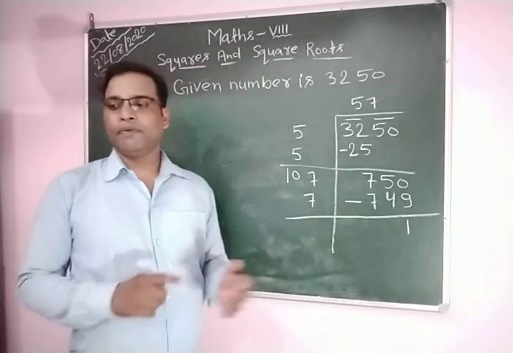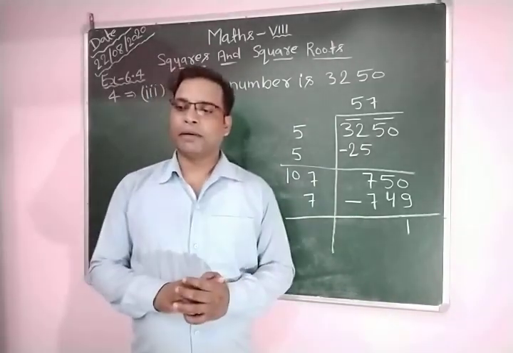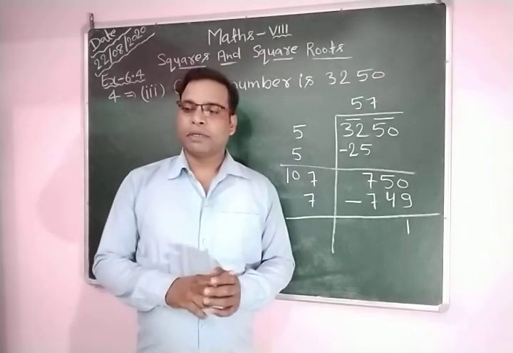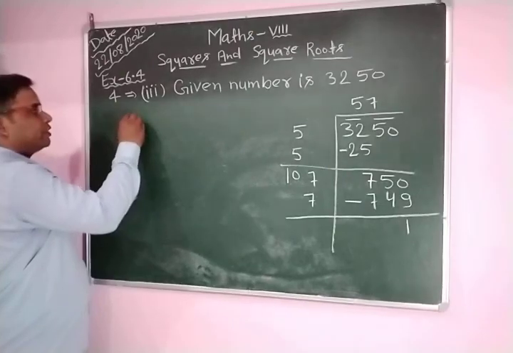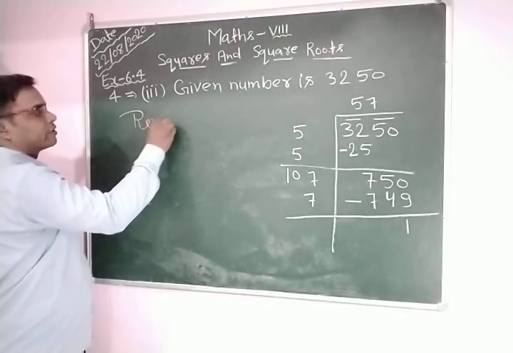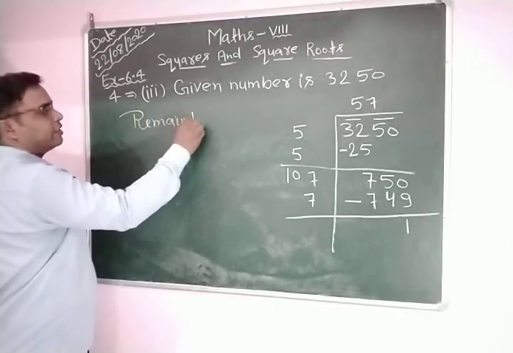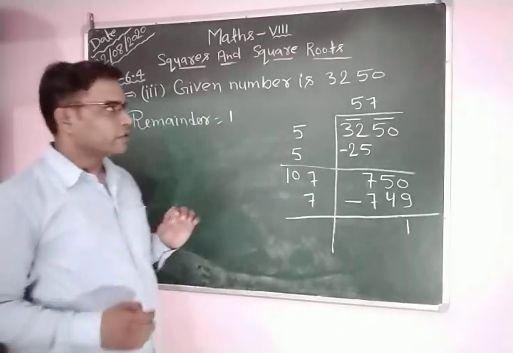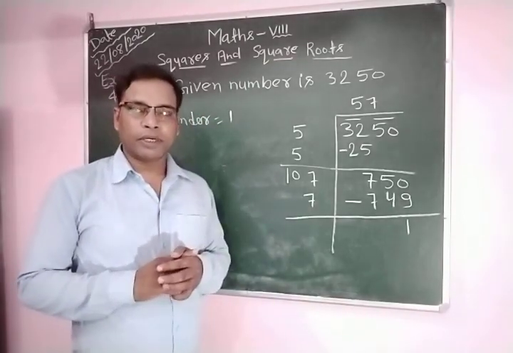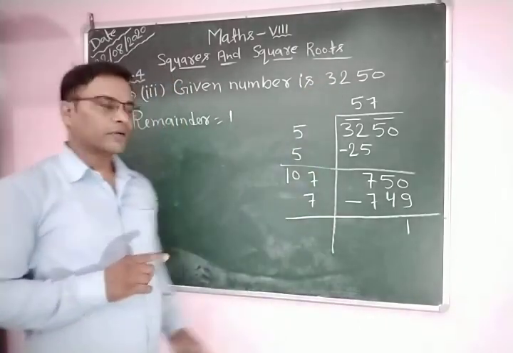You know that if we subtract the remainder from the given number, we get a perfect square. So here you can see the remainder is 1. Now we are going to subtract this remainder from the given number.